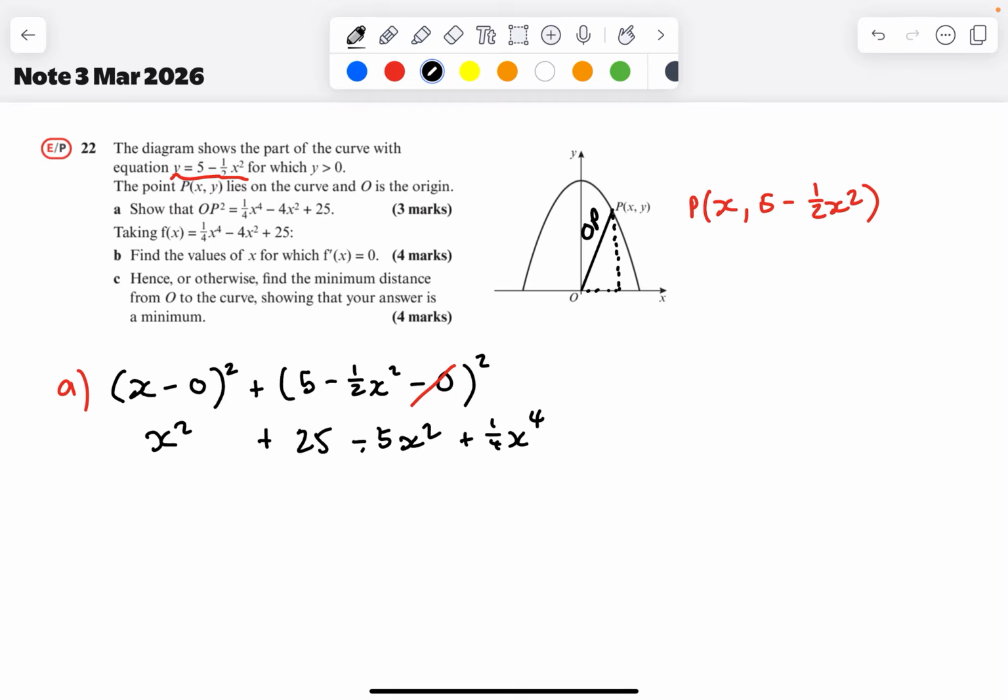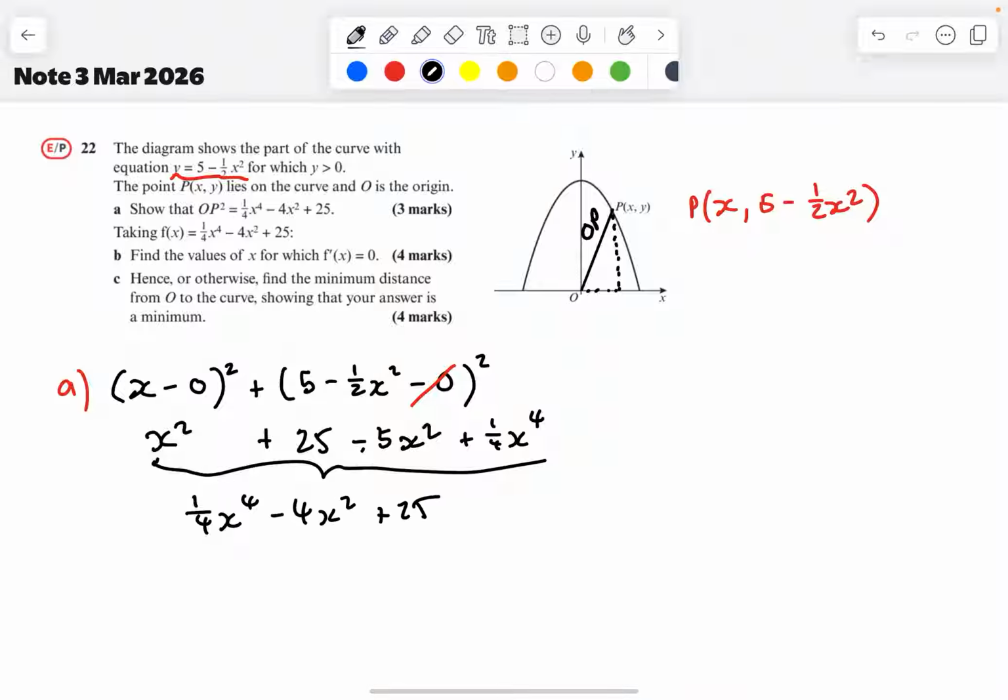Then when I collect these terms together, because I've got my extra x squared, I've got 1/4 x to the power of 4 minus 4x squared plus 25, and that is OP squared, my line squared. So that is my A taken care of.